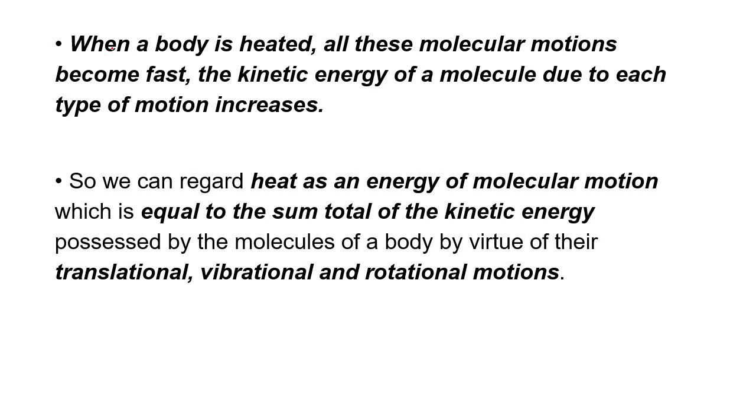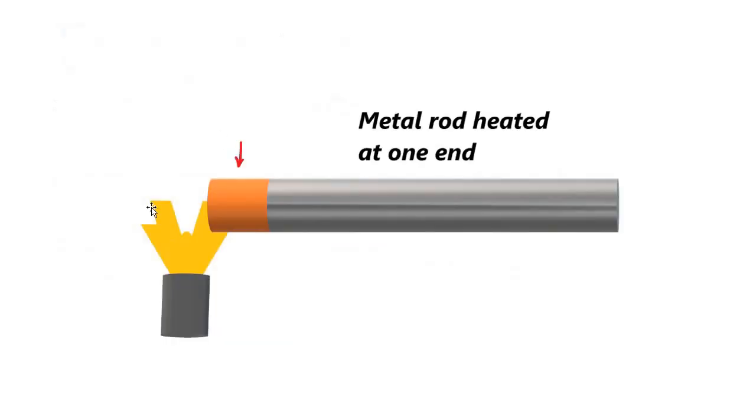Whenever a body or an object is heated, all these molecular motions become fast, and the kinetic energy of each molecule, due to each type of motion, increases. Okay, that is what happens when one end of the rod is heated.